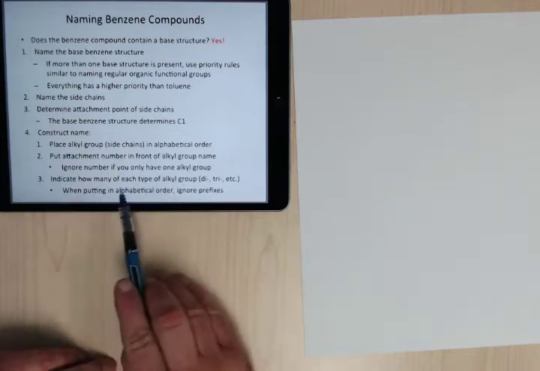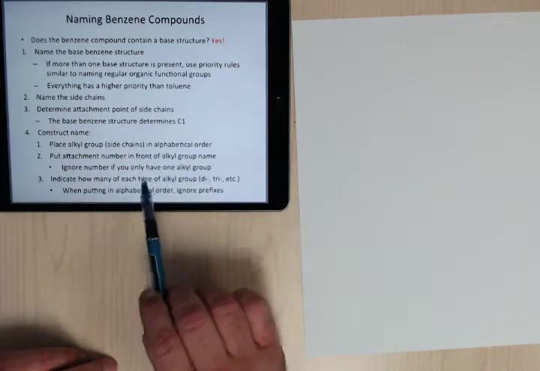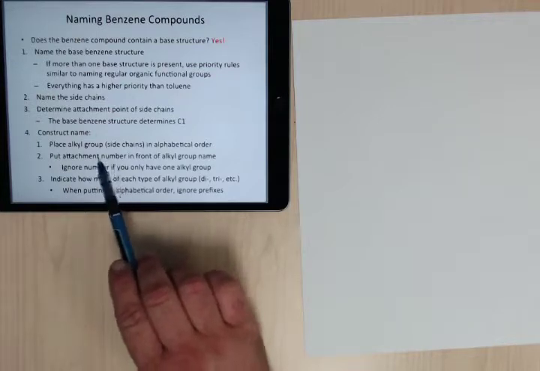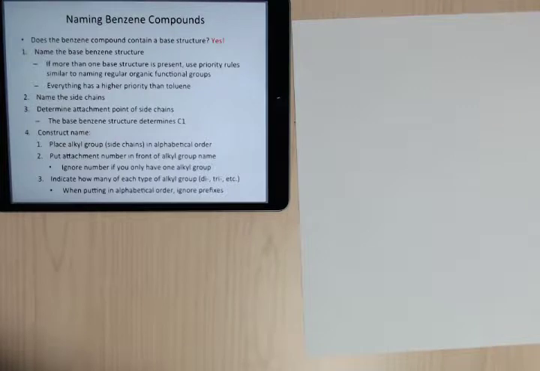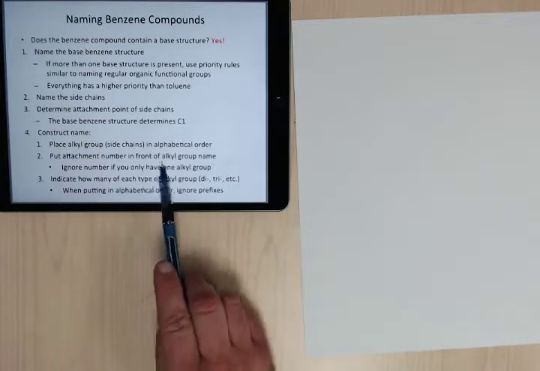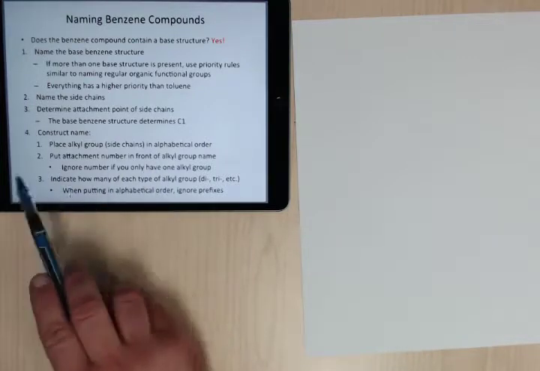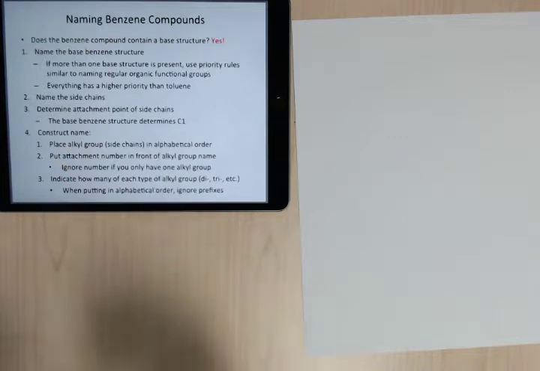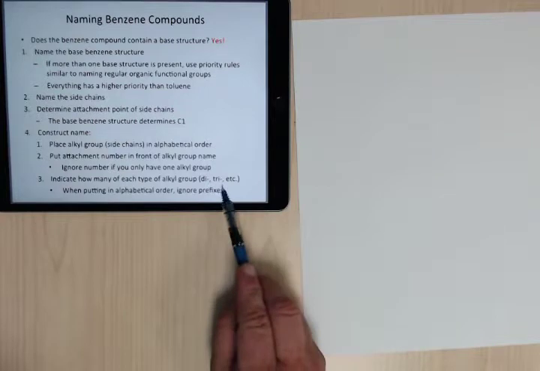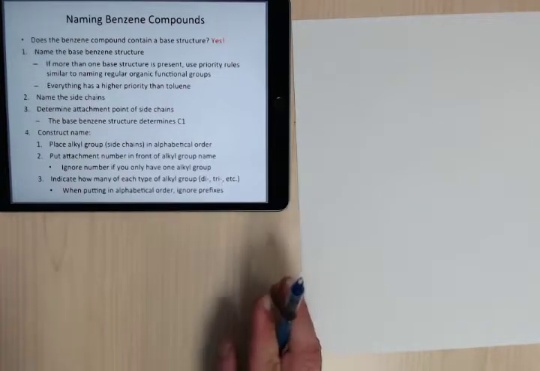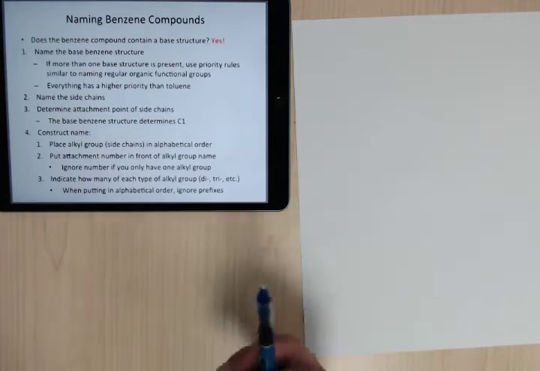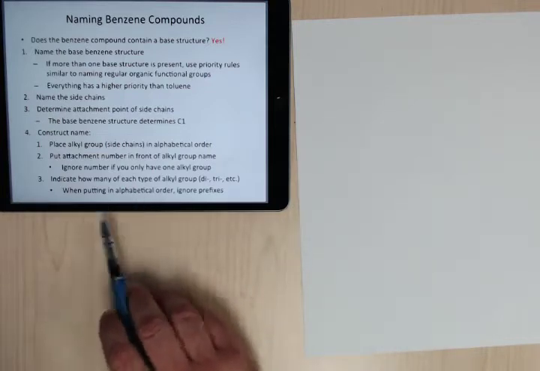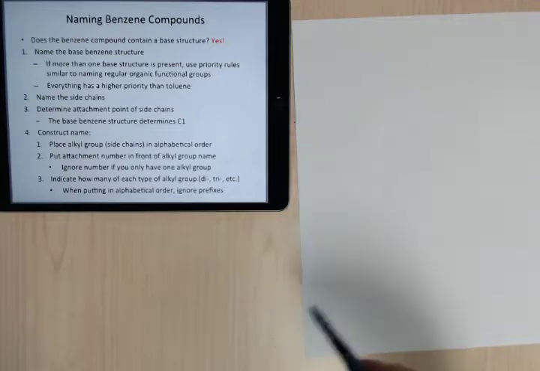And then you construct it as normal, with the alkyl side chains out front with their attachment numbers in front, in alphabetical order. Remember the di, tri, tetra numbering prefixes don't count towards the alphabetical order, but the other types, the cyclos, the isos, those do. And then you put the base structure name at the end.